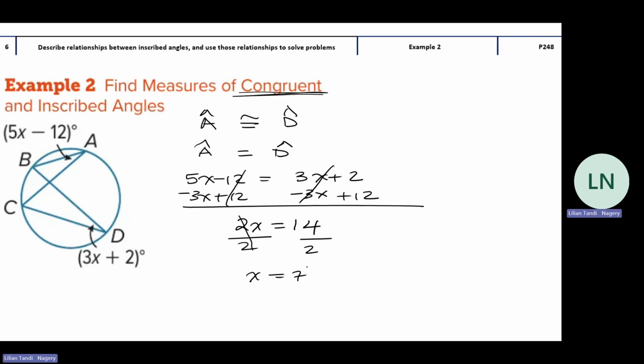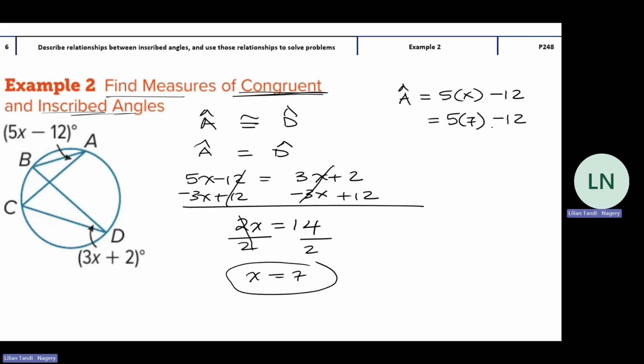Okay? But this is not my answer. The question told me, find the measure of the angles. So I need to find angle A, and I will do 5 parentheses x minus 12. I know my x is 7. 5 parentheses 7 minus 12. This gives me 35 minus 12, and that gives me 23 degrees.